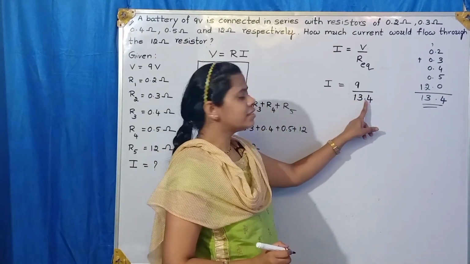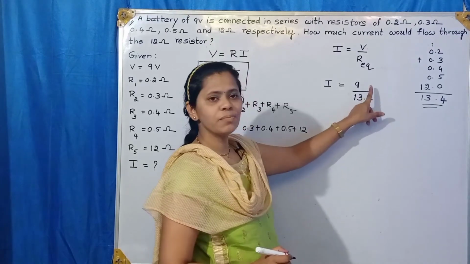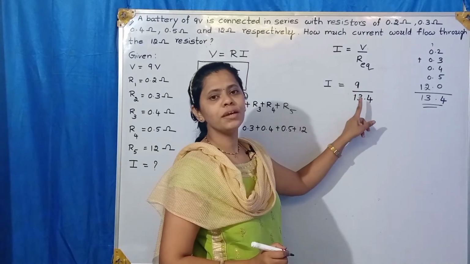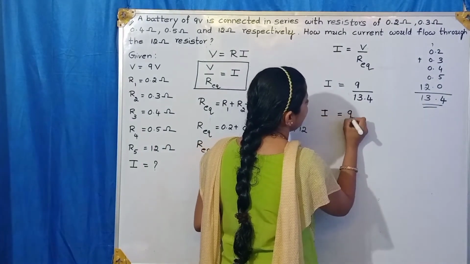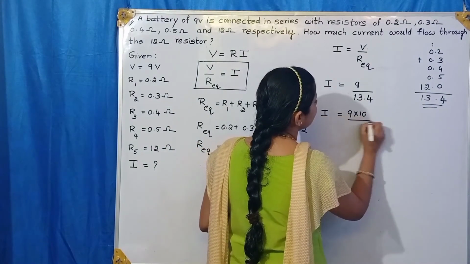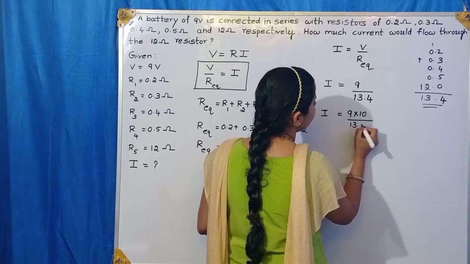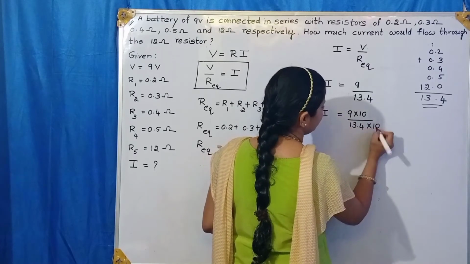Now to remove this decimal point, I will multiply both numerator and denominator by 10. That is, I is equal to 9 into 10 divided by 13.4 into 10.